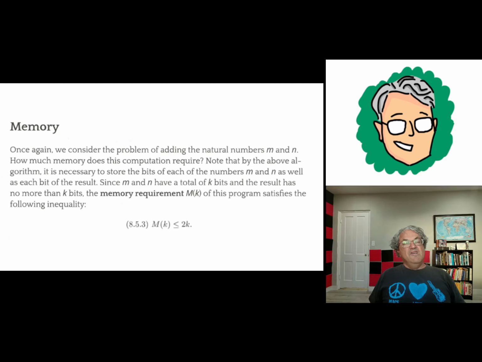It might be bigger, because you have to store more numbers when you're doing your calculations. In the case of bitwise addition, you have to store the numbers that you're carrying. So you have an additional carry bit for each column. That's another k. So anyway, the upper bound is going to be 2k again.